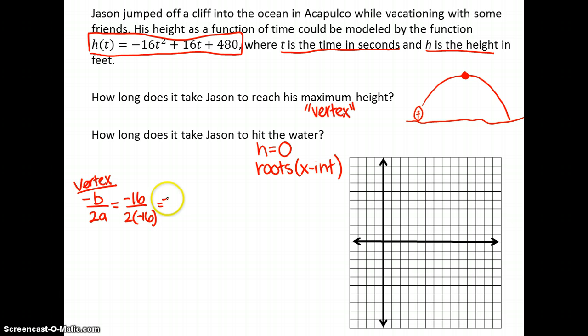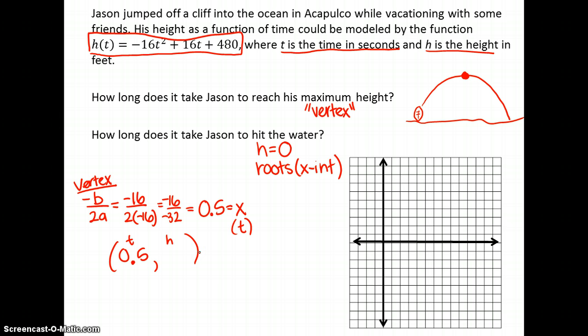Negative 16 over negative 32 gives us an x value of 0.5. Really we should be saying this is t, since it asks how long it takes Jason to reach his maximum height. So our vertex is at 0.5, or 1/2, comma, the h value.